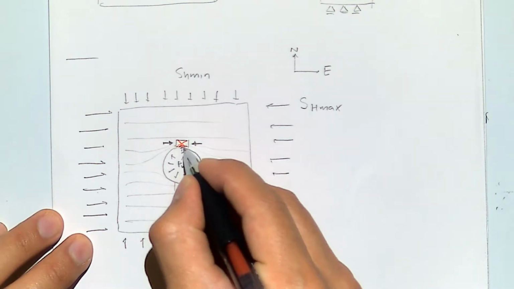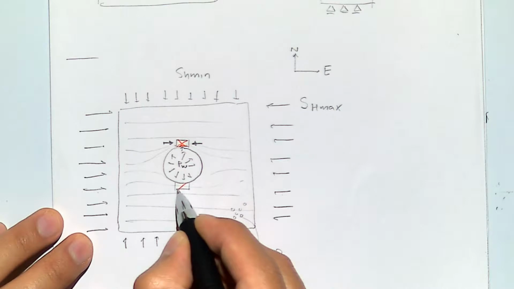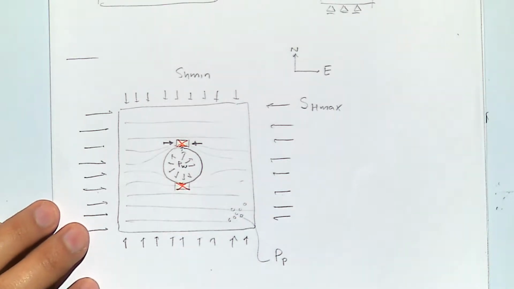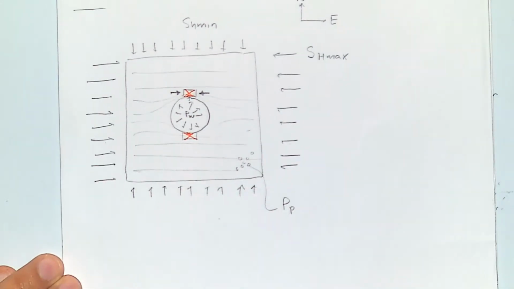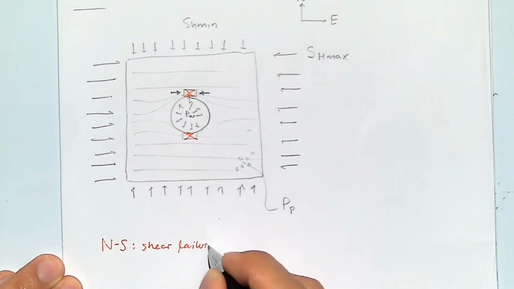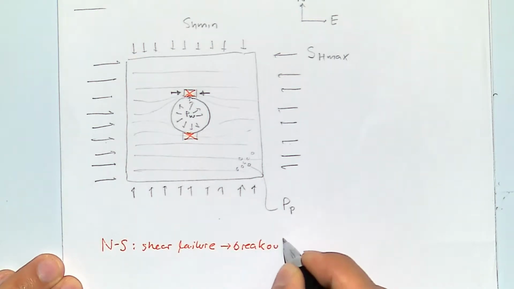And this region of the rock is going to fall inside the wellbore, and it's going to leave an empty space, and that's what is called a breakout. So let me write it here. North and south locations, we have shear failure for this specific case, and that's called a breakout.